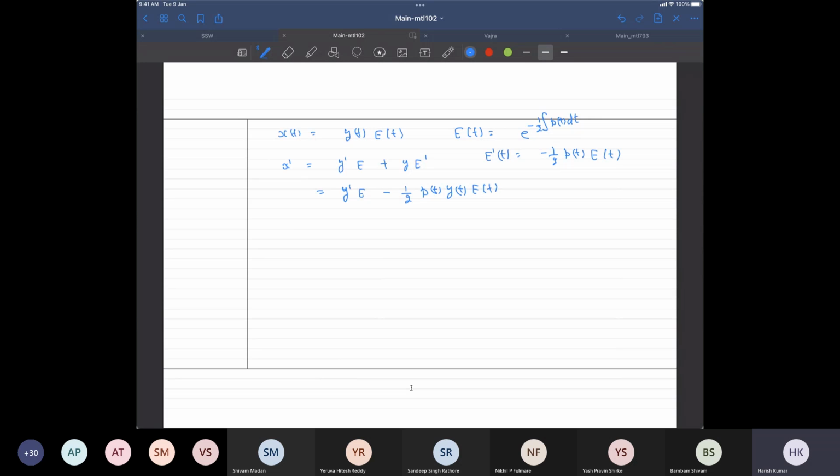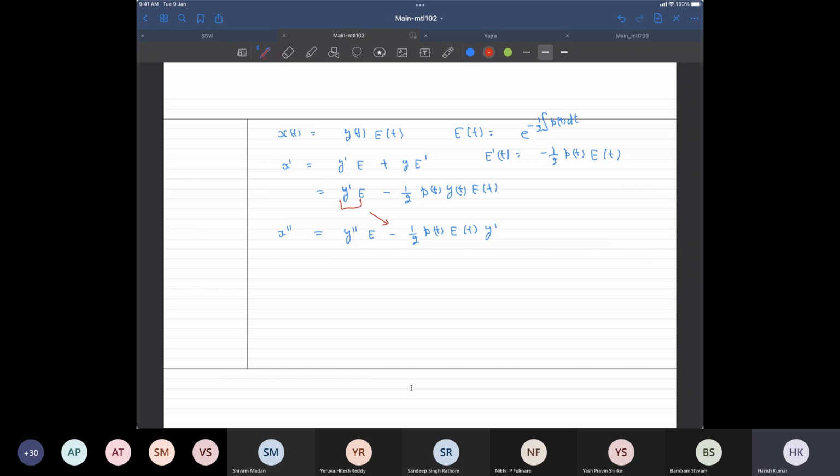Now similarly, if you write x double prime, let us evaluate this term first. You'll get y double prime e plus, because you already know what e prime is, let's directly write down the expression, minus half of p of t e of t y prime. So this term goes here.